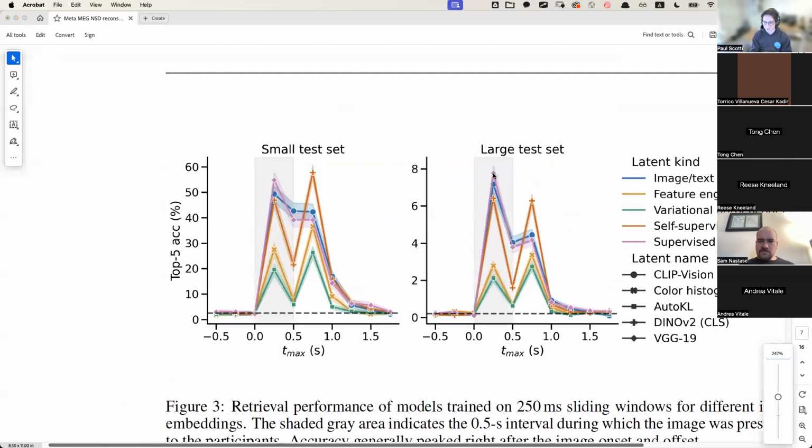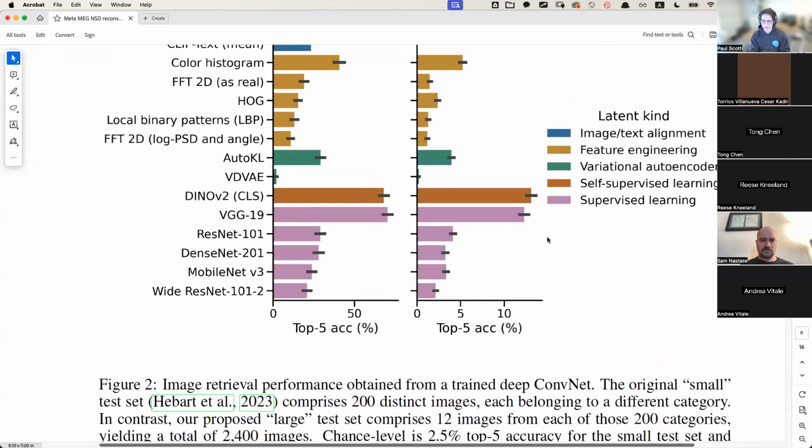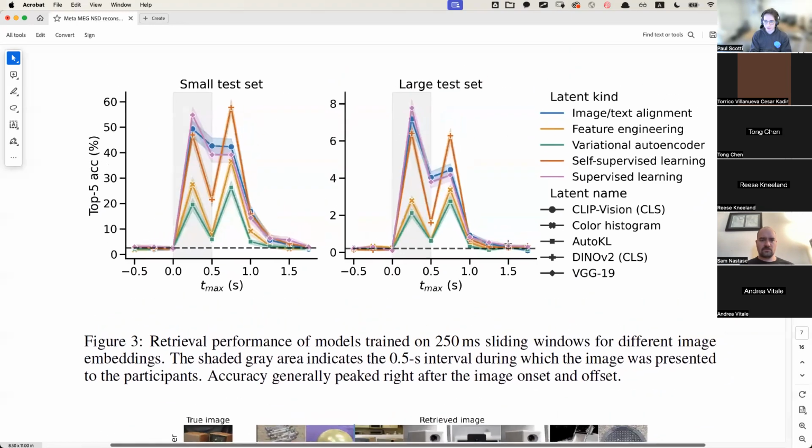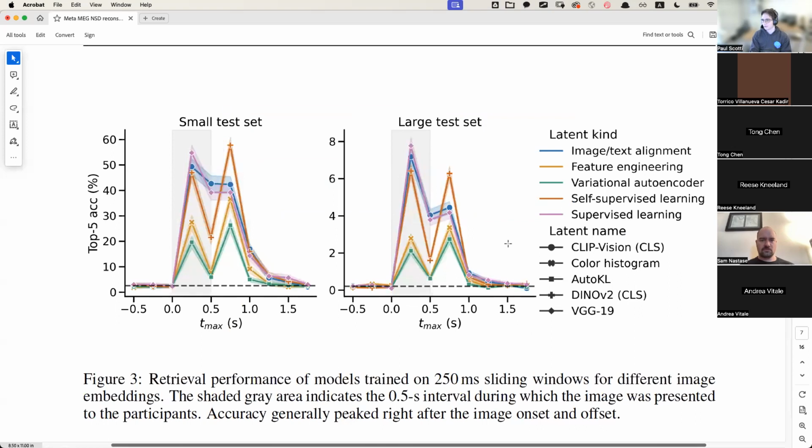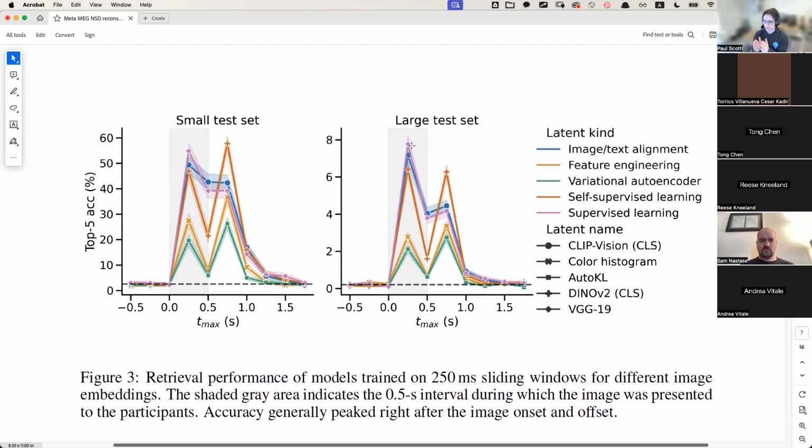For the large test set, their best performance for this smaller window is around 8%, whereas here they were getting maybe 12%. So the question of whether you can get this to work with only 250 milliseconds worth of data seems to be answered: yes, they get fairly comparable, slightly worse, but still comparable results using a very constrained time window.